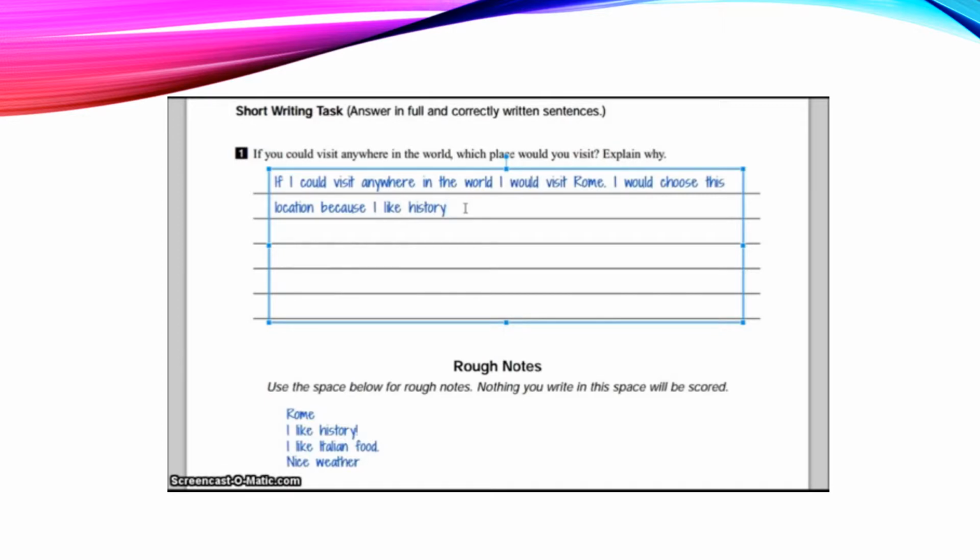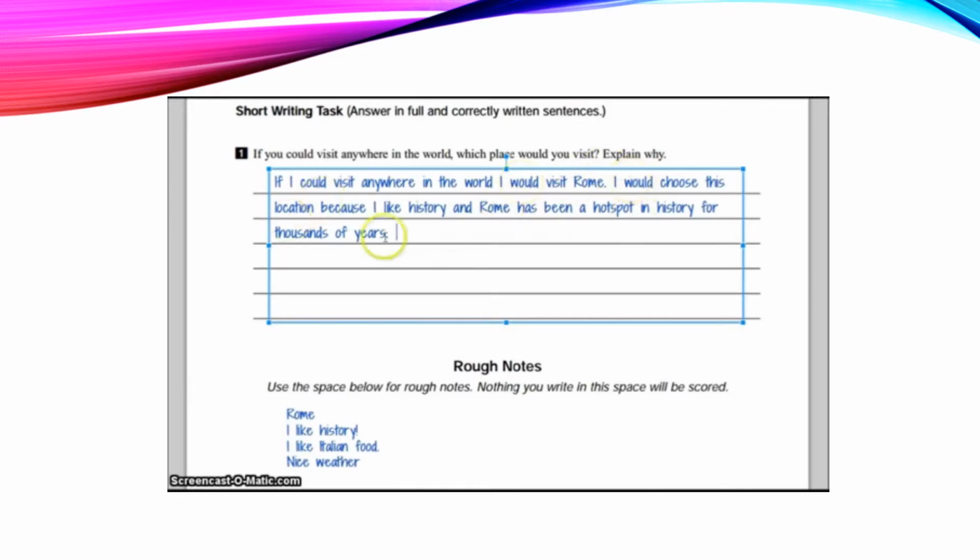So I would choose this location because I like history, and Rome has been a, let's call it a hotspot in history for thousands of years. There we go, I've given my idea and I've connected it to me and Rome.